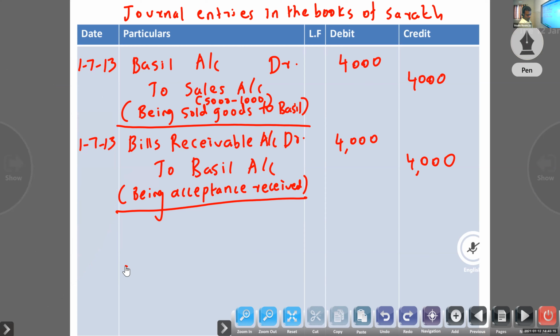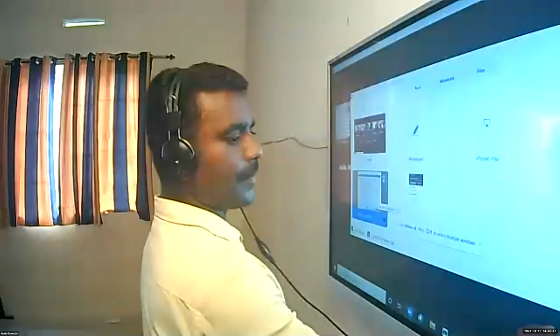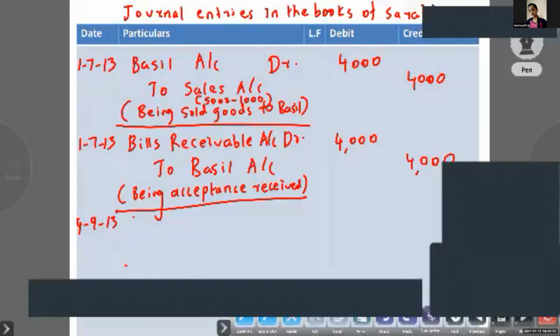Next, on 4th September, 4/9/2013, drawee retired his acceptance. So entry will be: bank account debit, rebate account debit to bills receivable account.